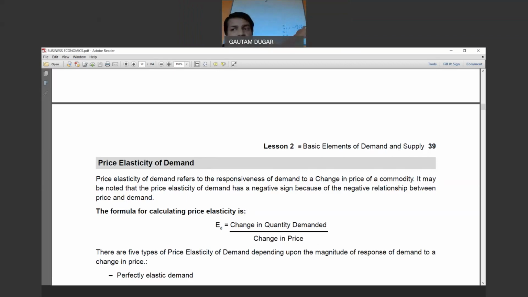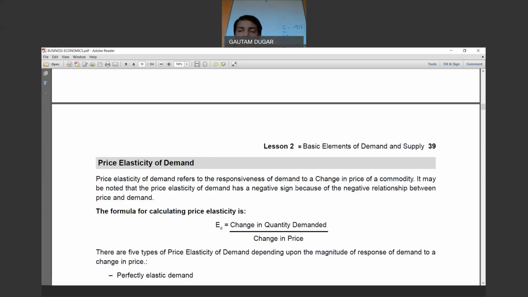Then we say that the elasticity of demand is greater than 1. That means demand shows greater response to a change in price. It is called elastic demand. Elastic demand is found in the case of comforts and luxuries. Luxurious goods will normally have elasticity greater than 1.